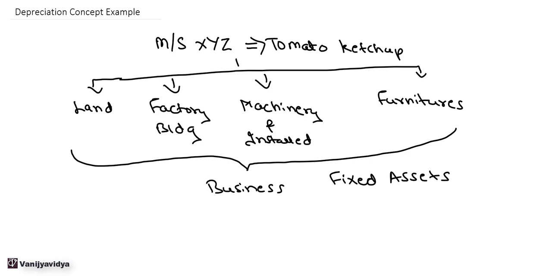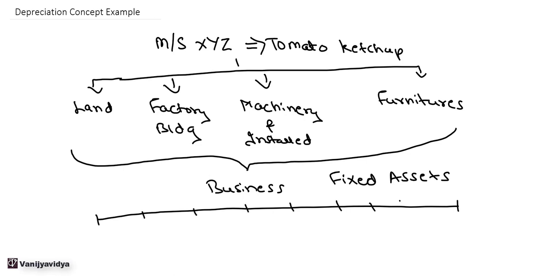Now, the life of the fixed assets is over a period of years. So they will be utilized for the purpose of the business over the period of years. So the cost of these fixed assets needs to be allocated systematically over the period of years against the income. This cost needs to be allocated every year systematically: year 1, year 2, year 3.